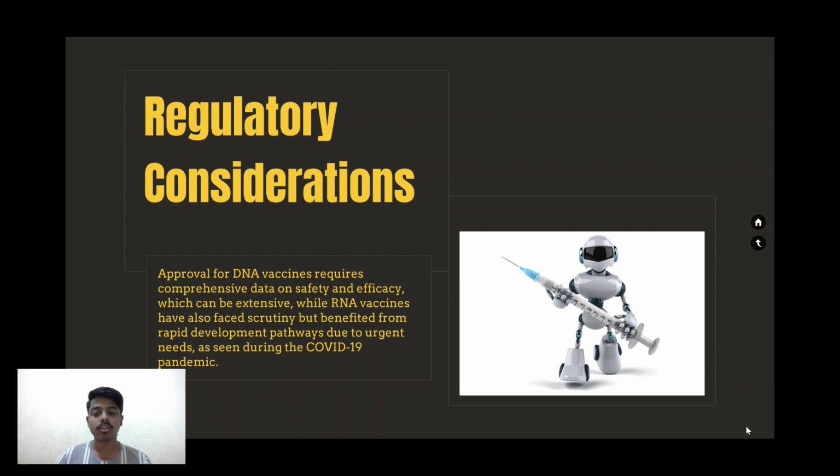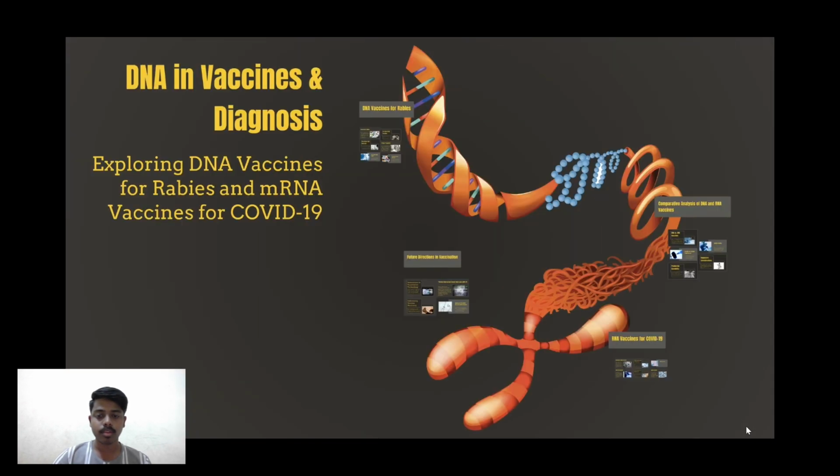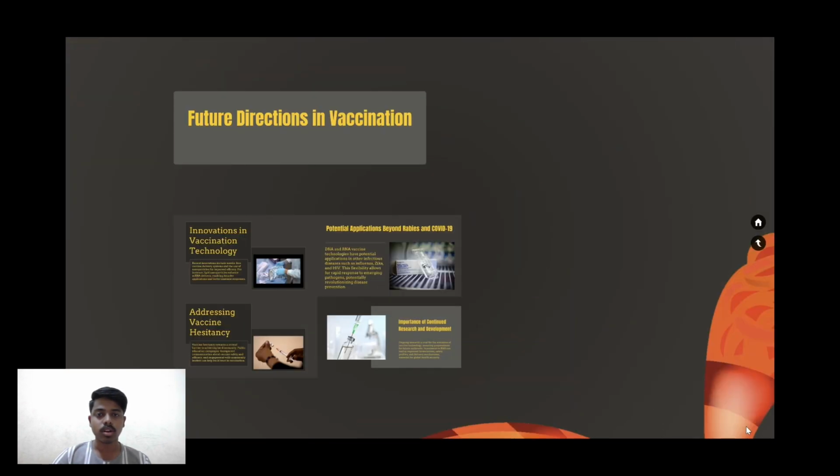Approval for DNA vaccines requires comprehensive data on safety and efficacy, which can be extensive. While RNA vaccines have also faced scrutiny, they benefited from rapid development pathways due to urgent needs as during the COVID pandemic. So this is about DNA versus RNA.